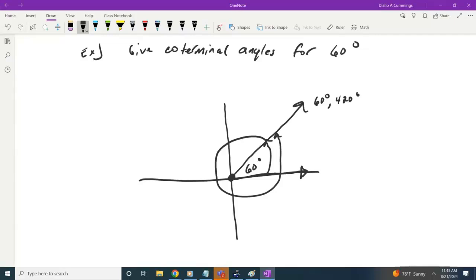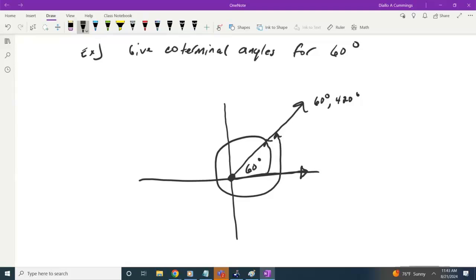Right? So 60 degrees is in the first quadrant. 420 degrees is also in the first quadrant, right? We just spun it around. It starts and ends in the same spot as 420.